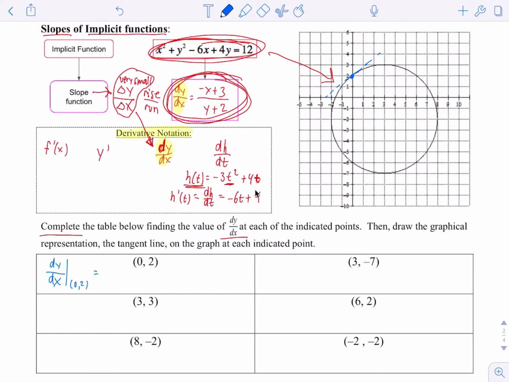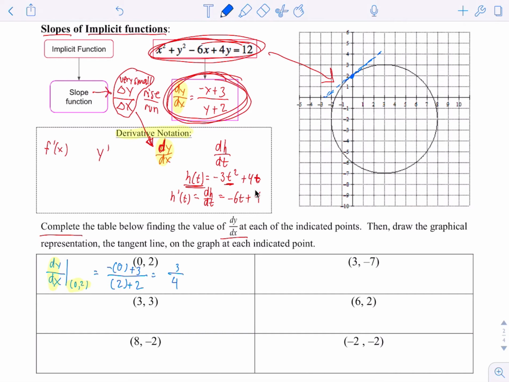What this means is I'm finding the slope at this point. So if I plug it in, I get negative something plus 3 over something plus 2 according to my derivative over here, my slope given. So if I plug 0 and 2 in, it's going to be 0 up here and 2 here, which is going to give me a slope of 3 over 4, which makes sense.